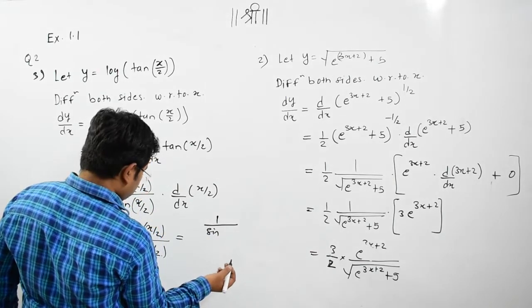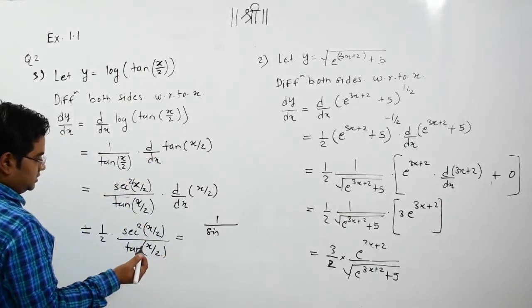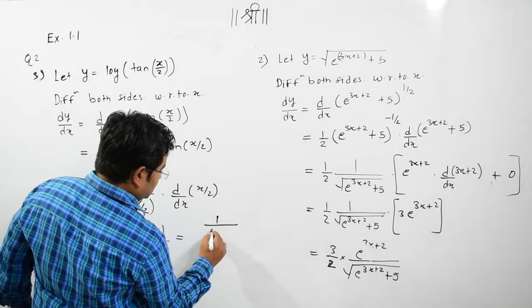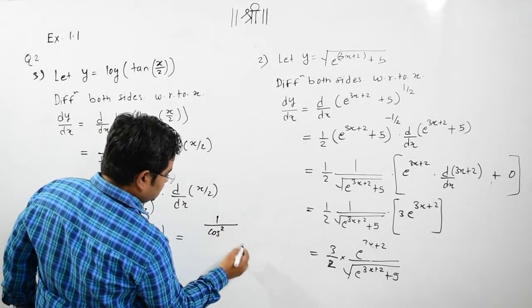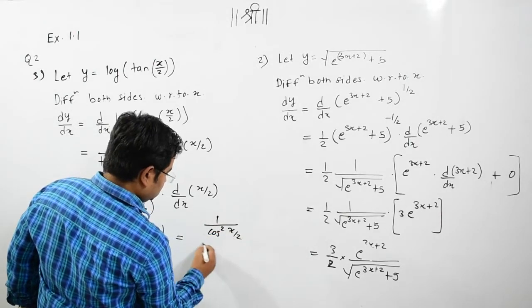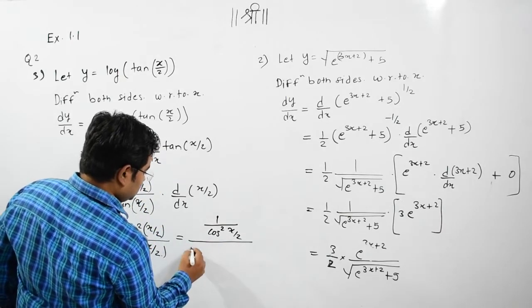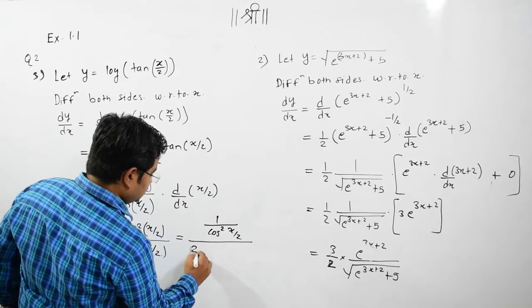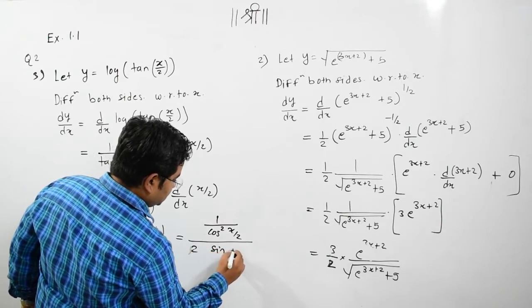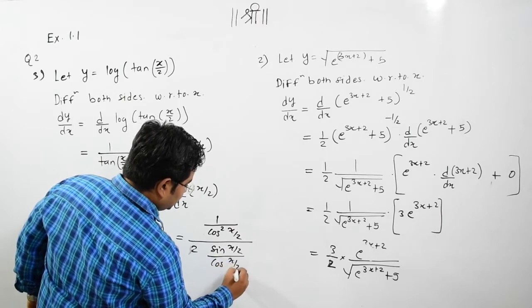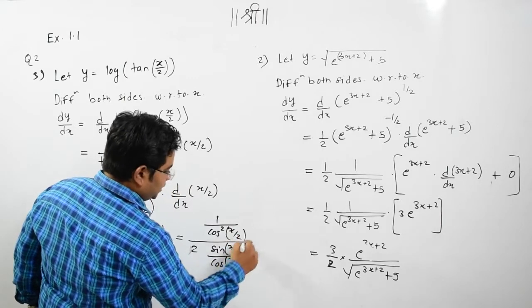Just check whether it is correct or not. Yes, sure. Divided by tan x by 2, which is sine x by 2 divided by cos x by 2. I am putting each and every quantity step by step.